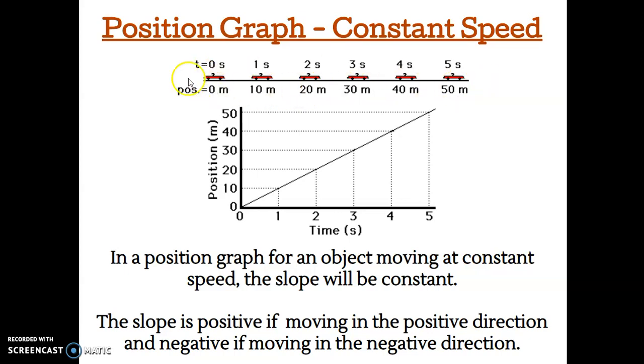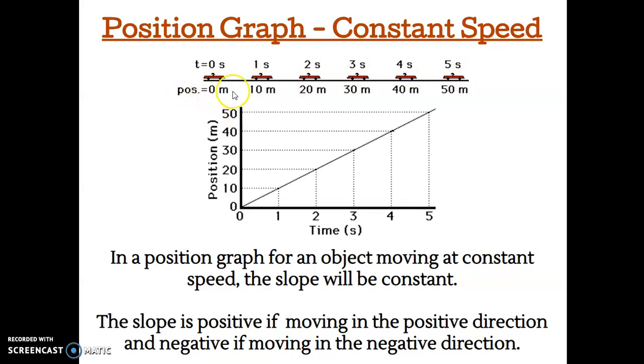Before we were seeing those black dots, right now we're seeing this red cart. It doesn't really matter. The important thing is that you have some kind of representation of the object, done at equal time intervals. So here's the time: 0 seconds, 1 second, 2 seconds. So every second, we are shown where this little cart is, where the object is.